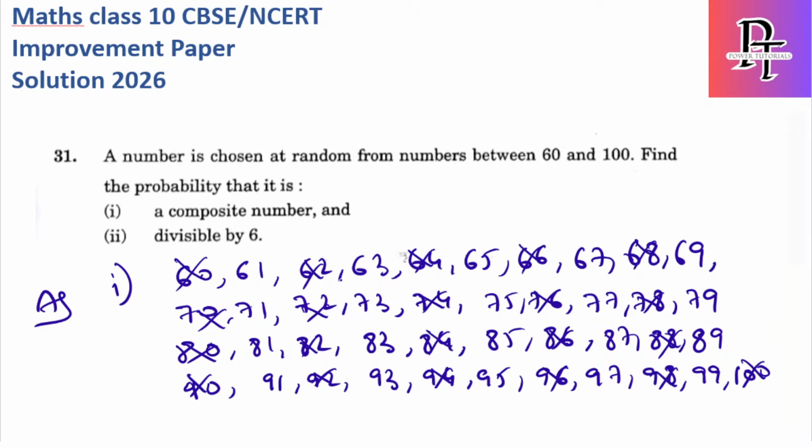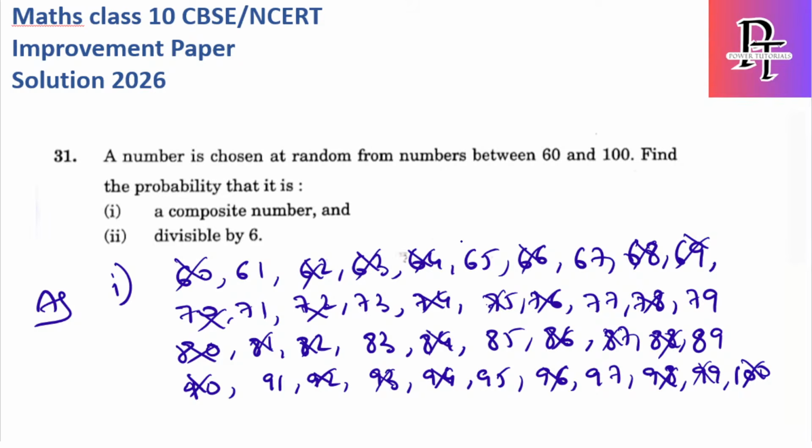Okay, then multiples of 3: 63, 66 is done, 69, 75, 81, 87, 93, 99. So 3 multiples are done.